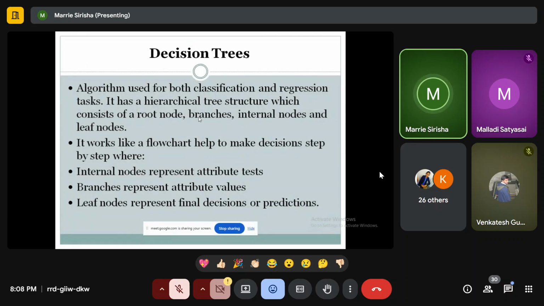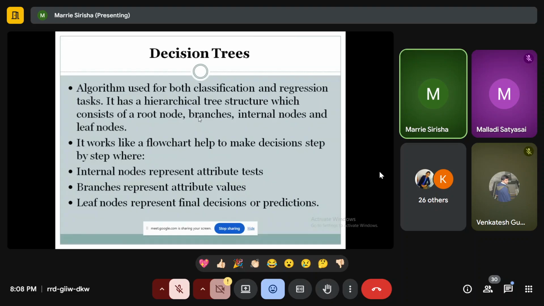And the next one, this is an important topic, that is decision trees. So what is a decision tree? Basically, what is a decision? We are taking a decision, means the best possible solution, right? For that, it is an algorithm. Decision tree is an algorithm. It is used for both regression and classification.